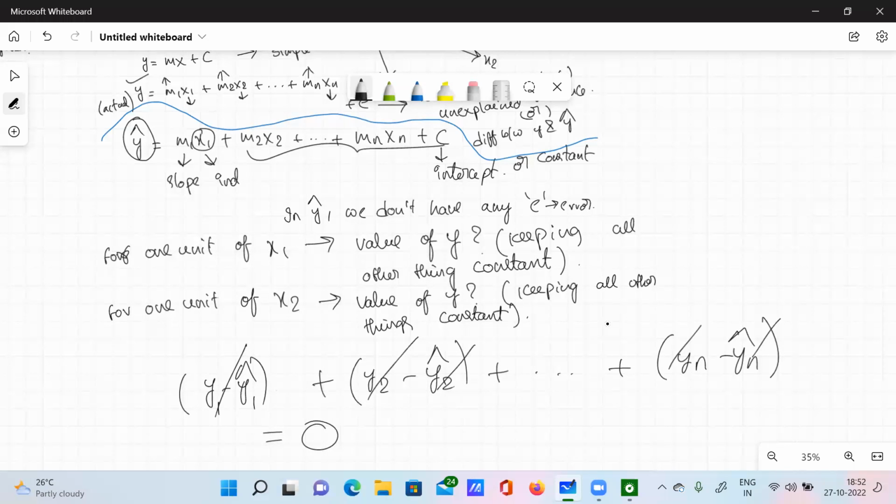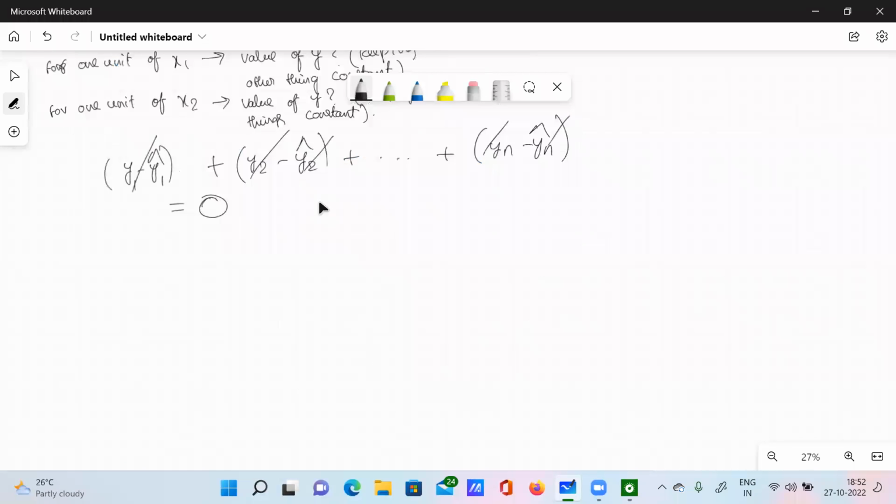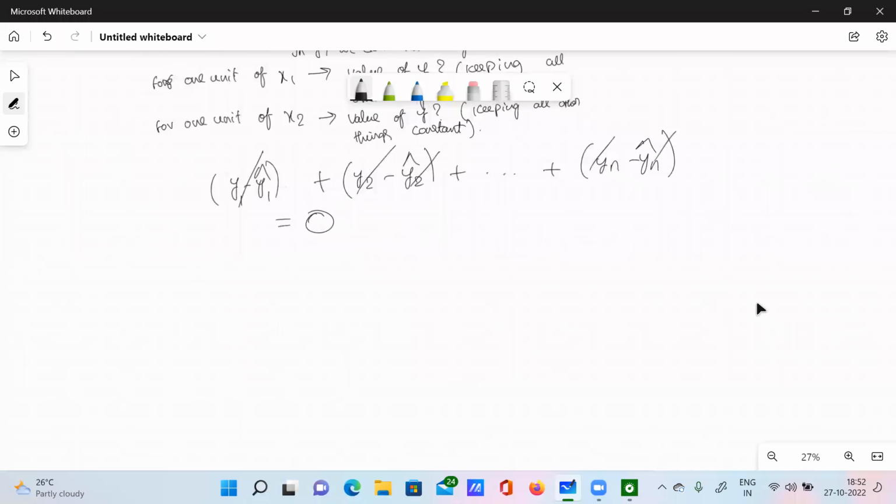That means there is no information left inside this value 0. So it should not be the case. Yesterday I already talked about this particular thing. All the things will cancel each other and you will get 0. That should not be the case.